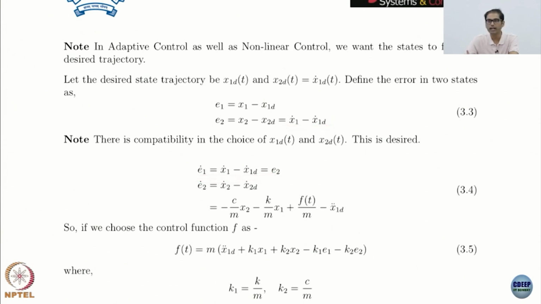This happened because I had a matching condition; if I did not, this would not happen. Then I compute E2 dot, which is x2 dot minus x2 desired dot. x2 desired dot is just some function of time, so I can write it as x1 desired double dot, and x2 dot comes from the dynamics, which I have substituted here.